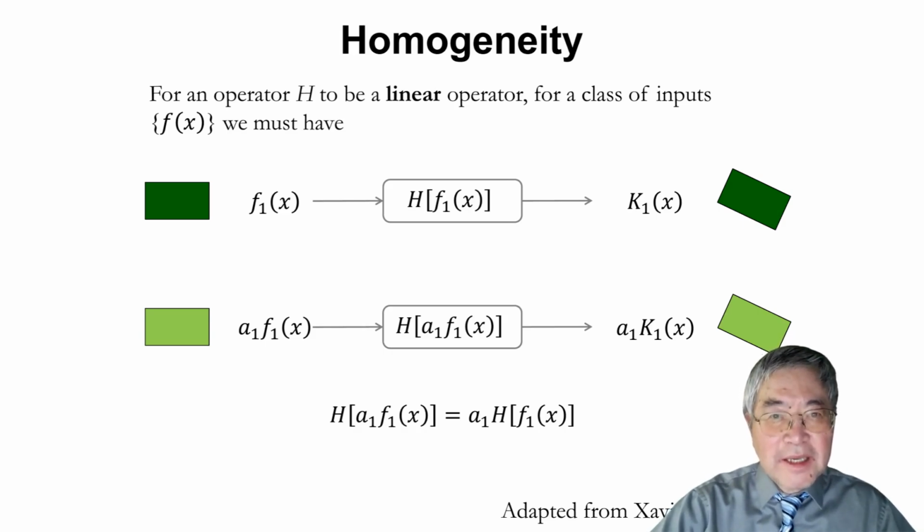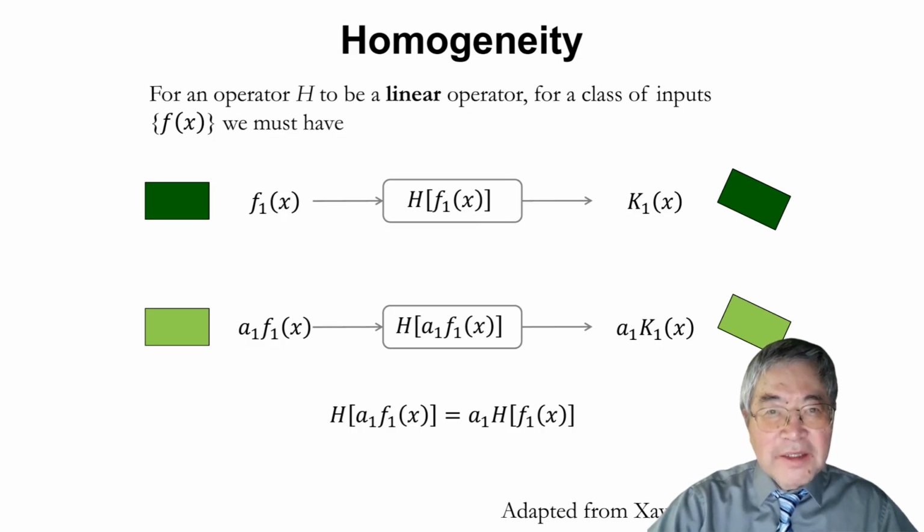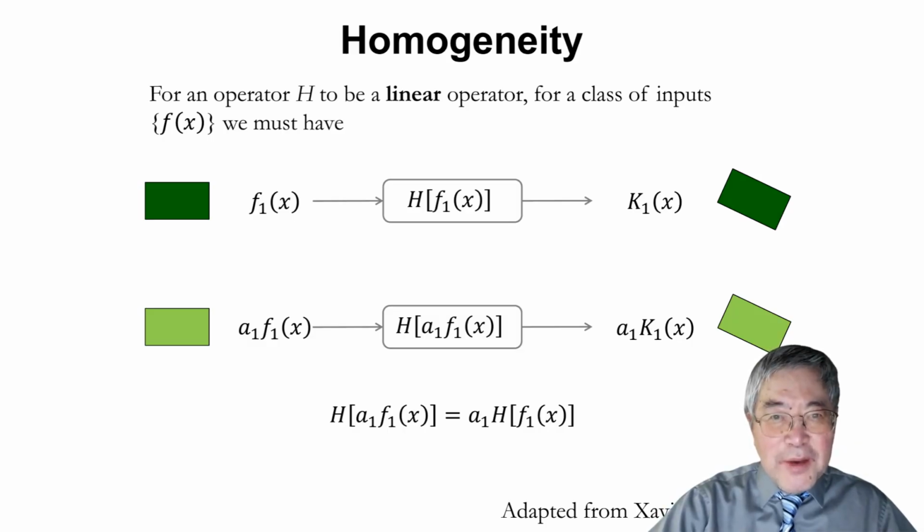So mathematically, if the input becomes alpha times F1, the output should be alpha times K1. To put this in more intuitive terms, imagine you have an image as your input. If you double the brightness of the input image, a linear system would produce an output image that is also twice as bright as the original one, no more, no less. That's homogeneity in action. When both conditions are satisfied, the system obeys what we call the superposition principle.